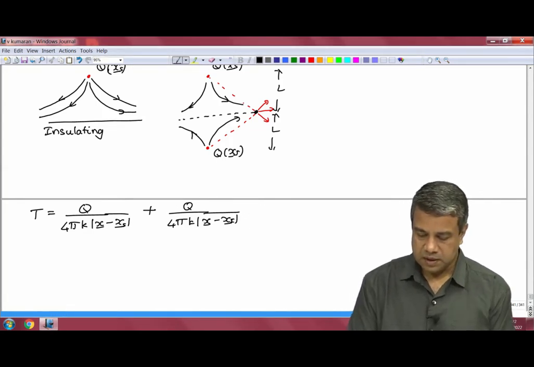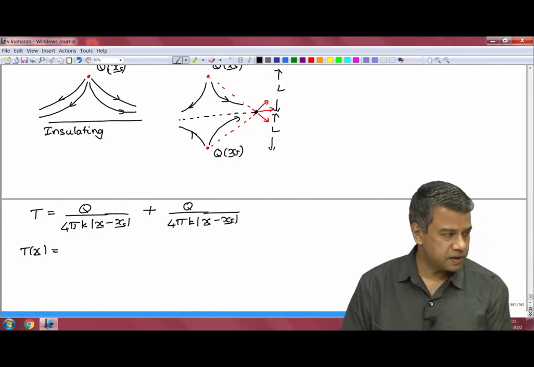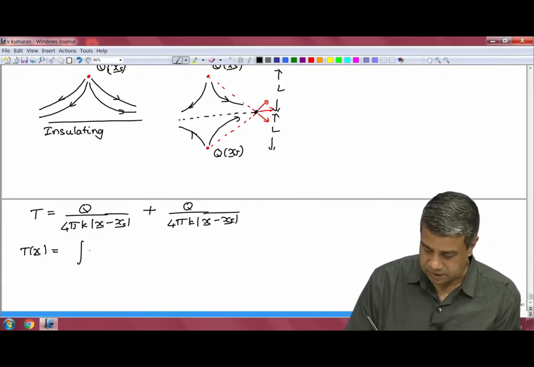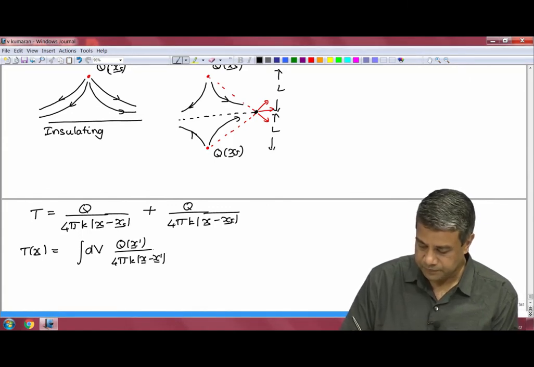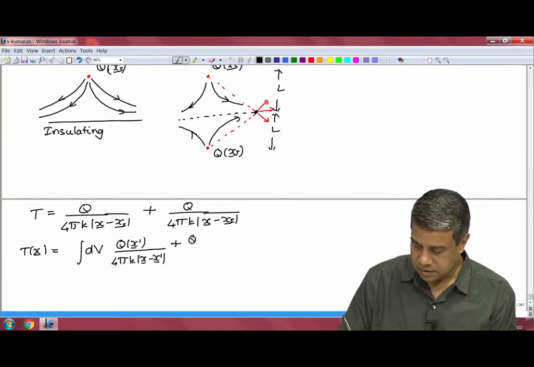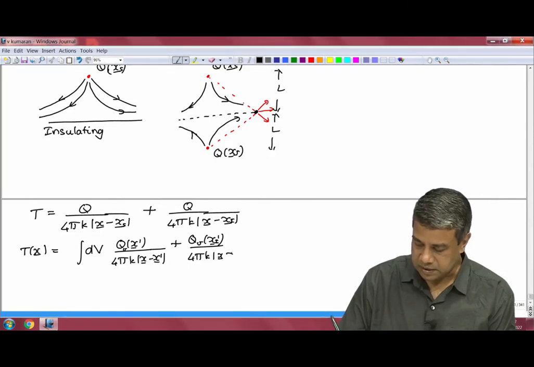And for a distributed source, I can get T of x similarly for an insulating surface as the integral dV of Q of x prime by 4 pi k into the magnitude of x minus x prime, plus Q of x prime by 4 pi k into the magnitude of x minus x I prime.